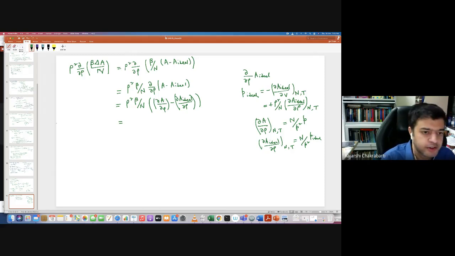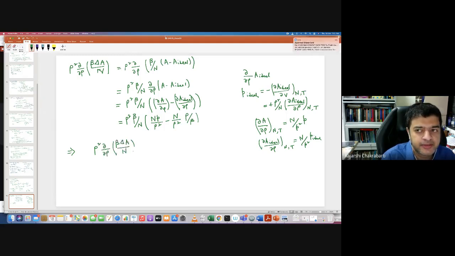What I'm saying is that essentially this quantity is going to be rho square beta by n, and in here you'll have n p by rho square minus n by rho square into p ideal. You can check this, and if you do all these things, what I'm going to get is rho square del rho of beta delta A by n equal to beta p minus rho.